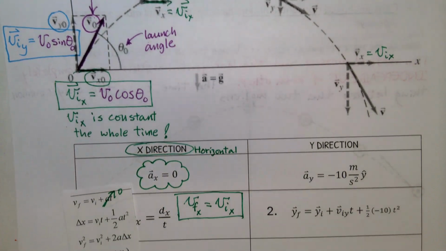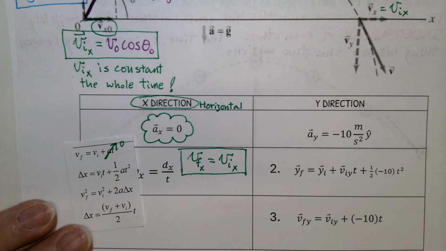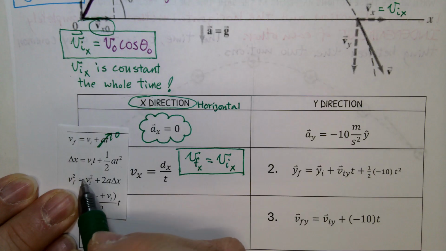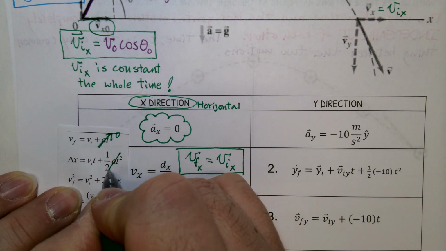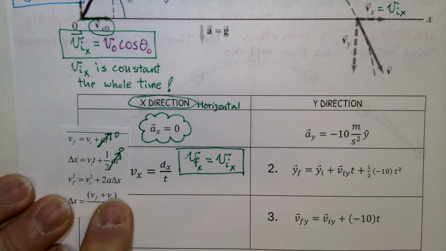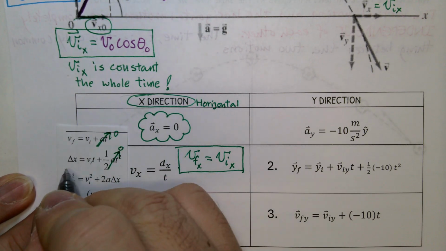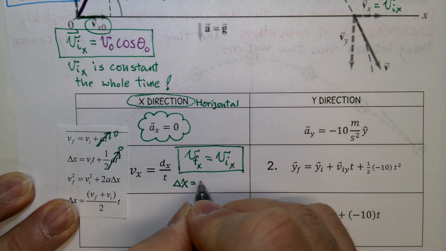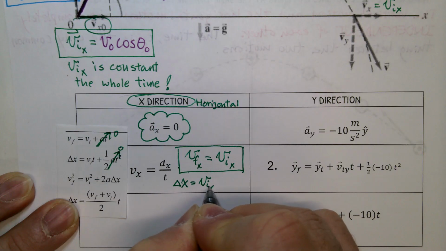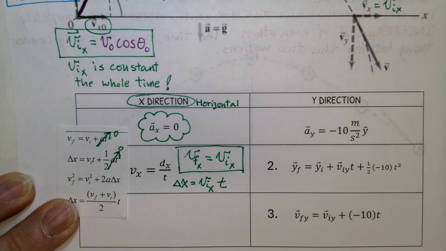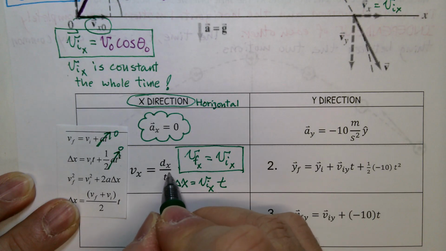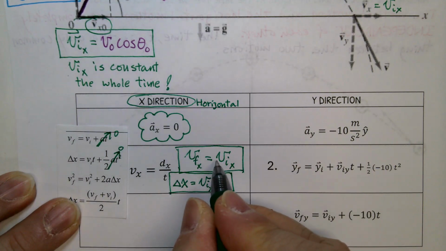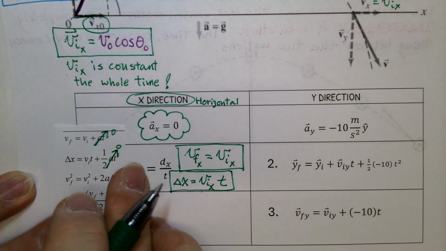Now let's take a look at what happens for my second equation. My second equation is this, and my acceleration in the x direction is 0. Therefore, my second equation, delta x, now just becomes simply Vix times time t. So this is equation 1 and this is equation 2.